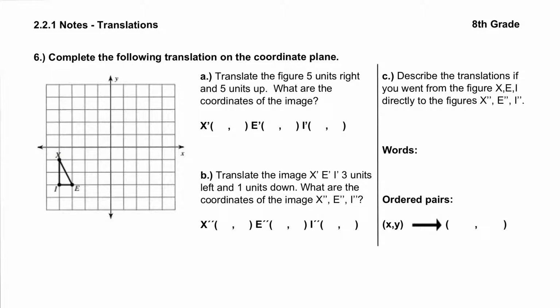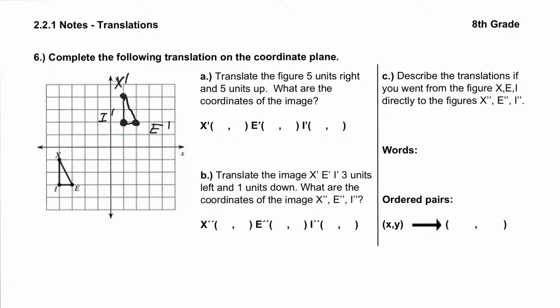So all we have to do is count from each point. If we count from each point, 1, 2, 3, 4, 5, 1, 2, 3, 4, 5. There is our X prime. We can do the same thing for E and I. So if we count 5 units right and 5 units up, there's our E prime, and I prime should end up right there.